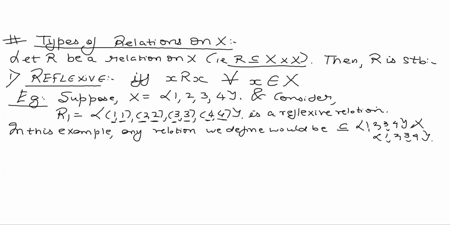Because when I say consider a relation R on X, it means R is a subset of X cross X. What is X here? {1, 2, 3, 4}.